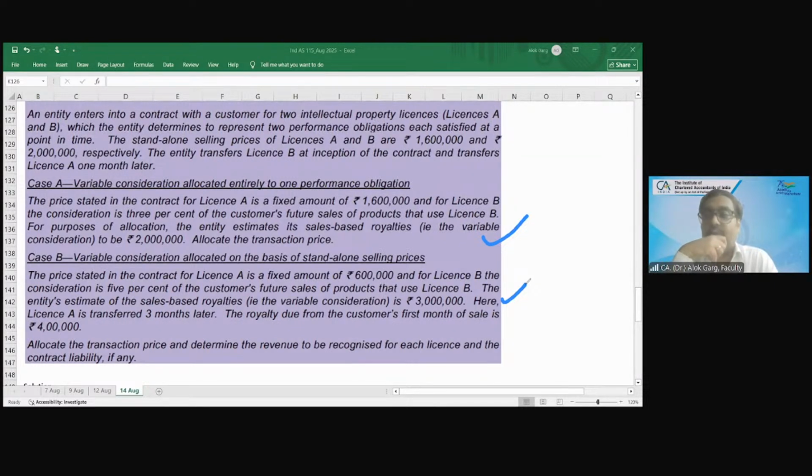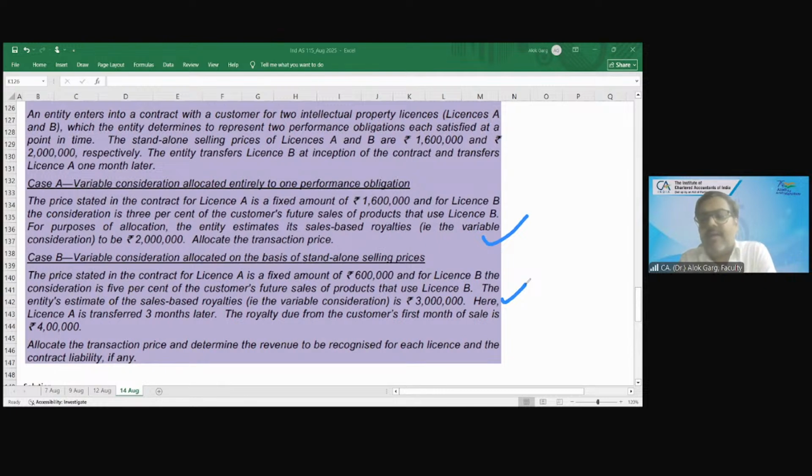So don't you think the price of license A depends on the price of license B and vice versa? The total value of the contract is 36 lakh, and this is what the entity is getting also, 6 plus 30.